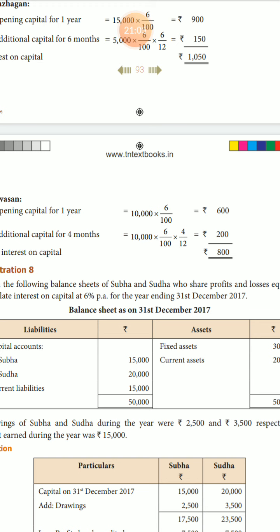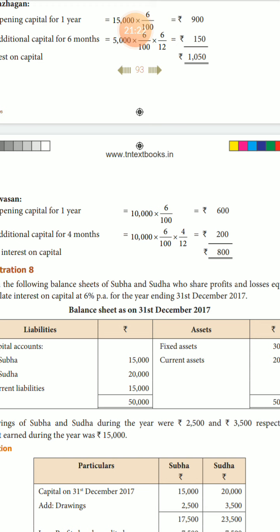Interest on capital, in the profit and loss account, which side is it reflected? Profit side or expense side? Profit means CR.